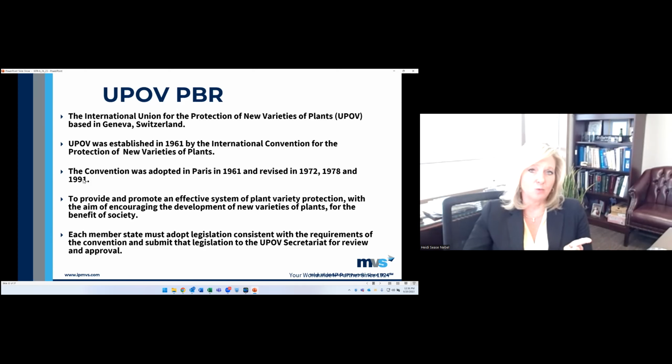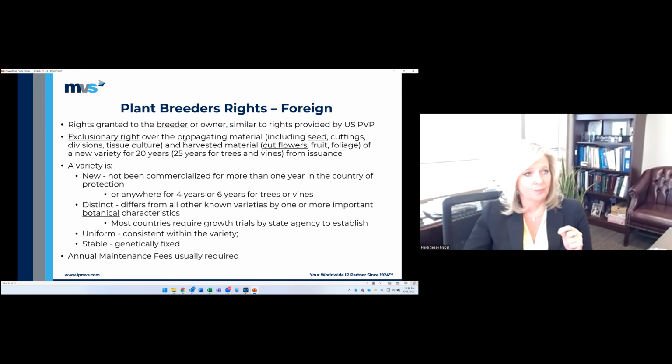The 1991 provision was particularly relevant. That's where it added in essentially derived varieties for protection under a PVP. So the rights are granted in a PVP to the owner of the breeder or the owner, and they're designated similarly. It's an exclusionary right over propagating material of the variety.